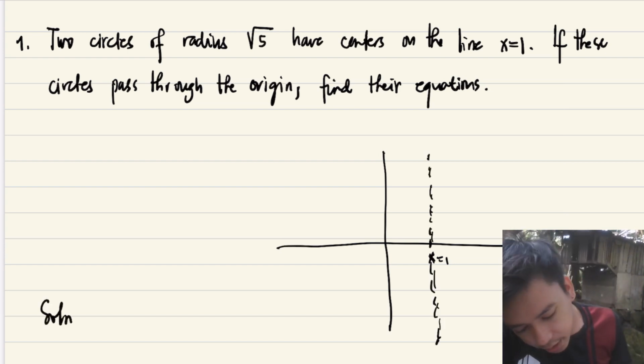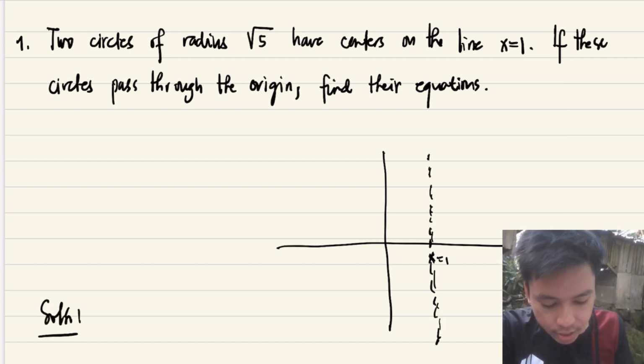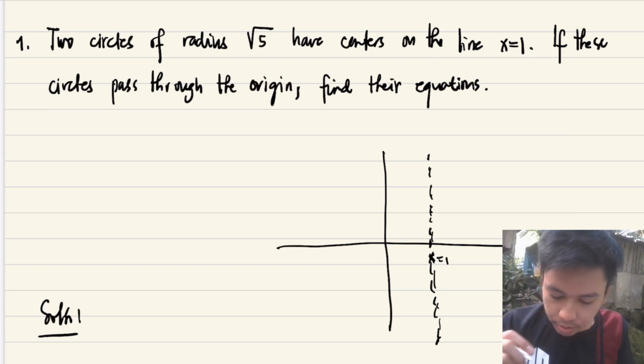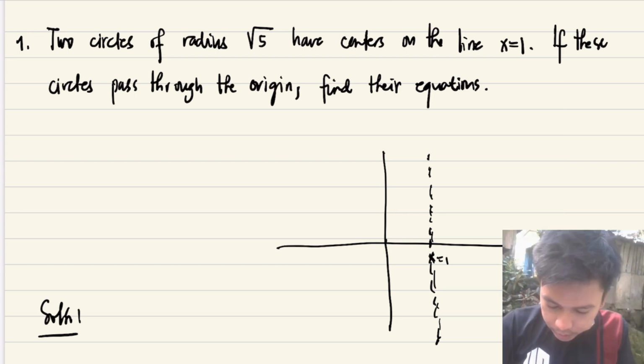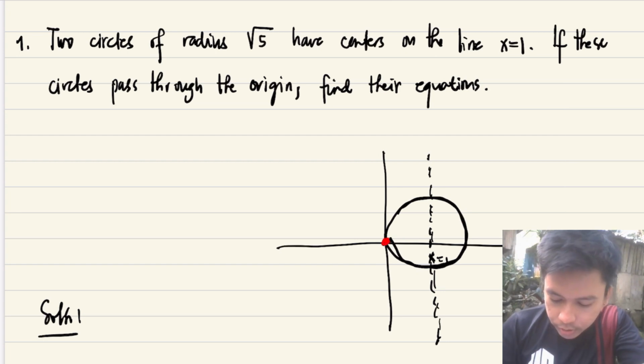Now, it says here that two circles of radius square root of 5 pass through the origin. So that means something like this, assuming I have a perfect drawing here. Point that as the origin, and the distance from the origin to a center is square root of 5.